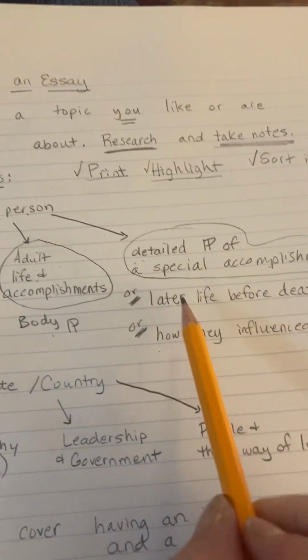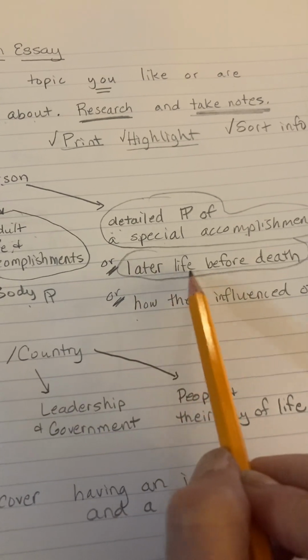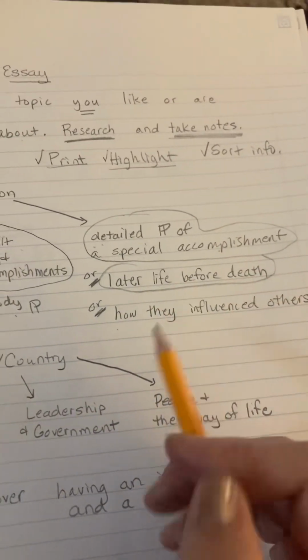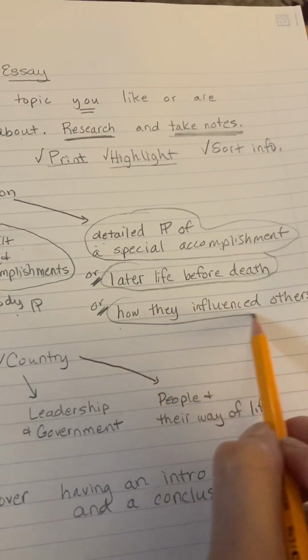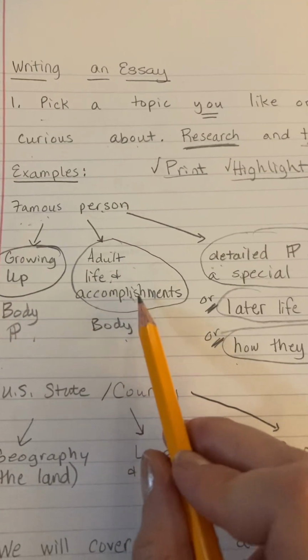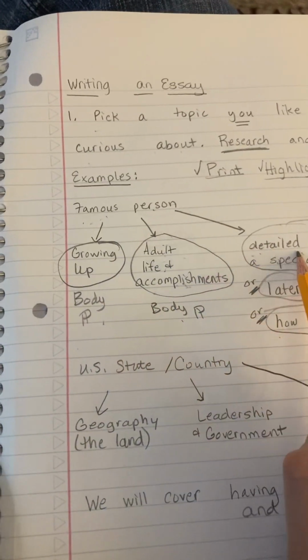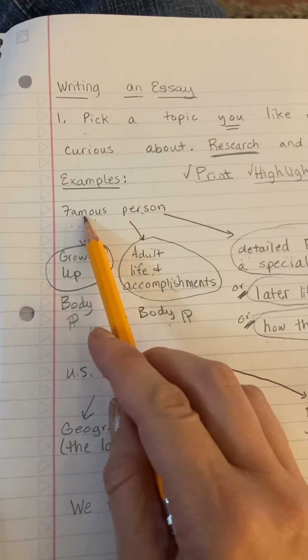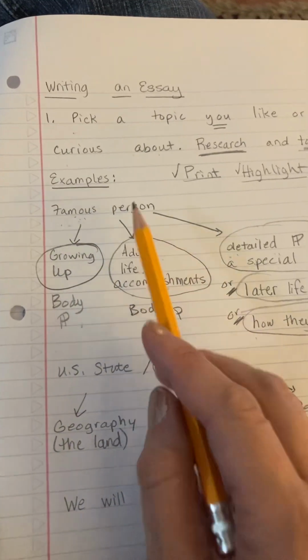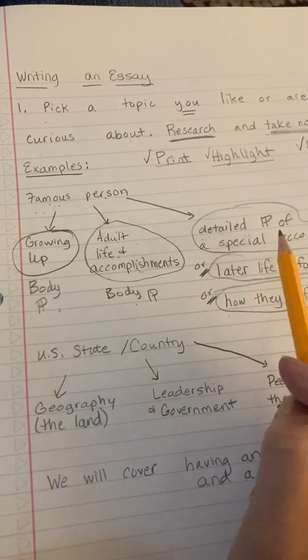Or if you don't like that idea, you could just talk about what's their last stage of life, their life before they died, what happened. Or you could just talk in this paragraph about what they did over here with their accomplishment, how it influenced other people. It really depends on the person. And if you find a famous person that you want to do something on and your mom wants to write me, I can help guide you into making an outline for that.